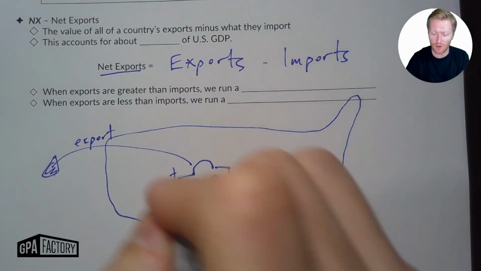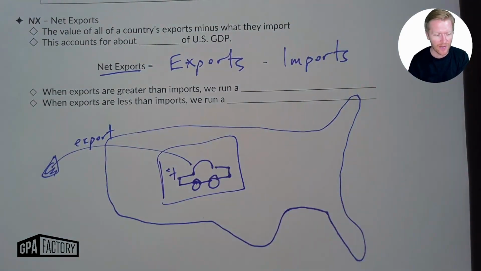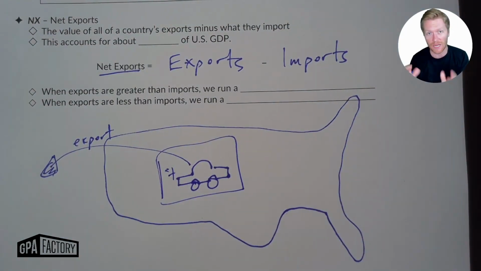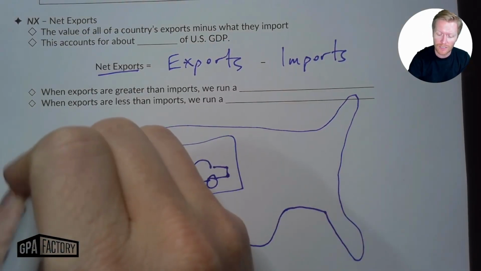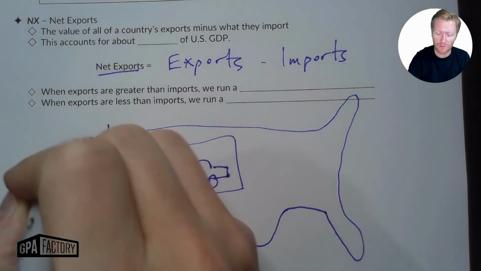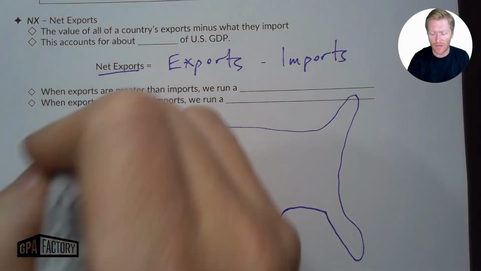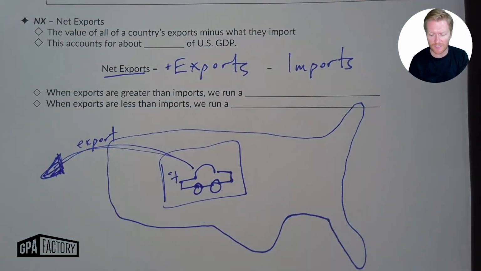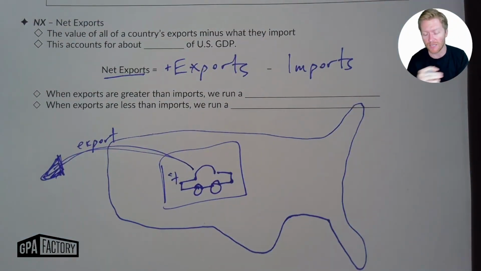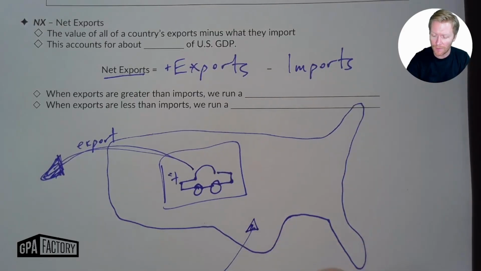So exports are things that were produced in the United States, if we're taking the perspective of the US, so they should add to GDP, but there was money that was spent on them elsewhere. So that export is going to add positively to net exports and therefore positively to GDP, whereas something that was imported, right?